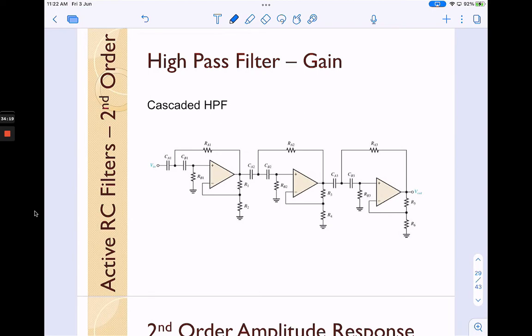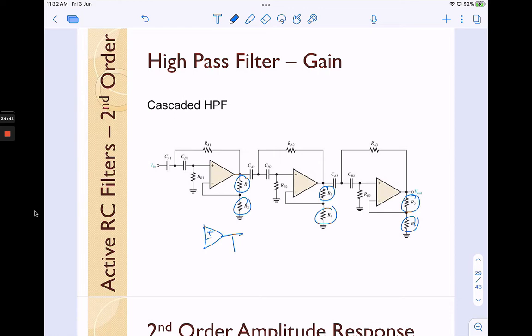Which is, you can see that from this portion, it actually has R1 and R2 here. Actually this point, this output is connected to R1, so you can redraw something like this.